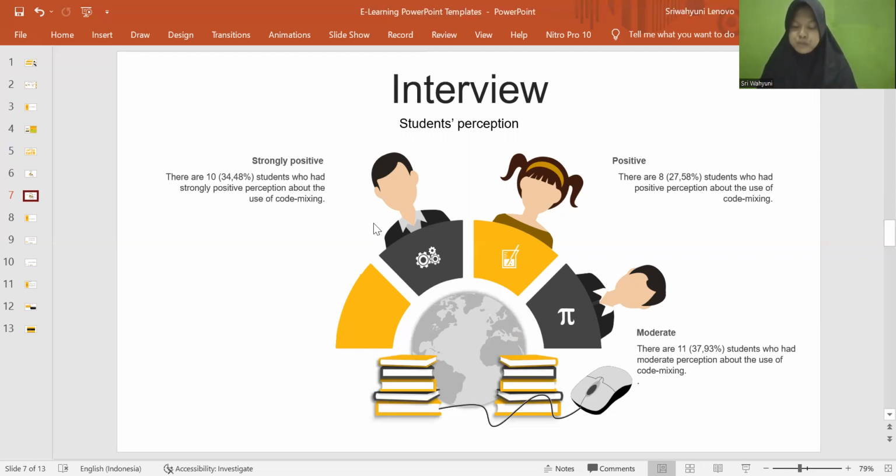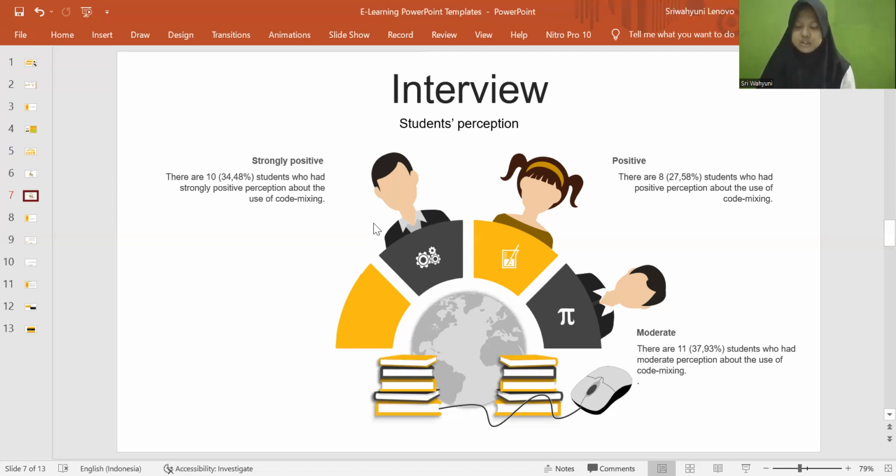And we move to the moderate perception. There are 11, or 37.93%, students who have a moderate perception about the use of code mixing by the teacher. From the students' statements, students feel confused about their English skills.